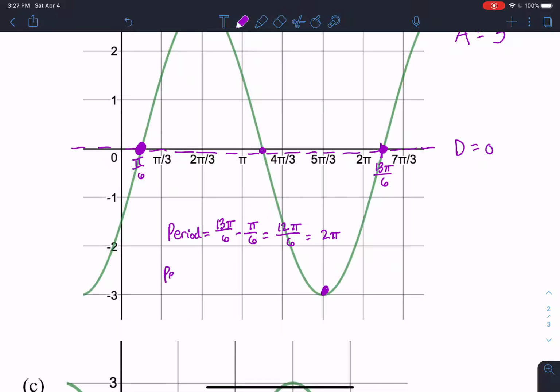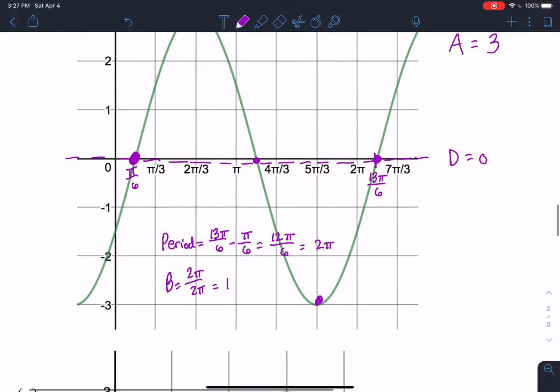So if my period is 2 pi, then my b term is again going to be just 1. Now, if I start at that point at pi over 6, I have a shift now to the right, pi over 6. So I just need to be careful of that.